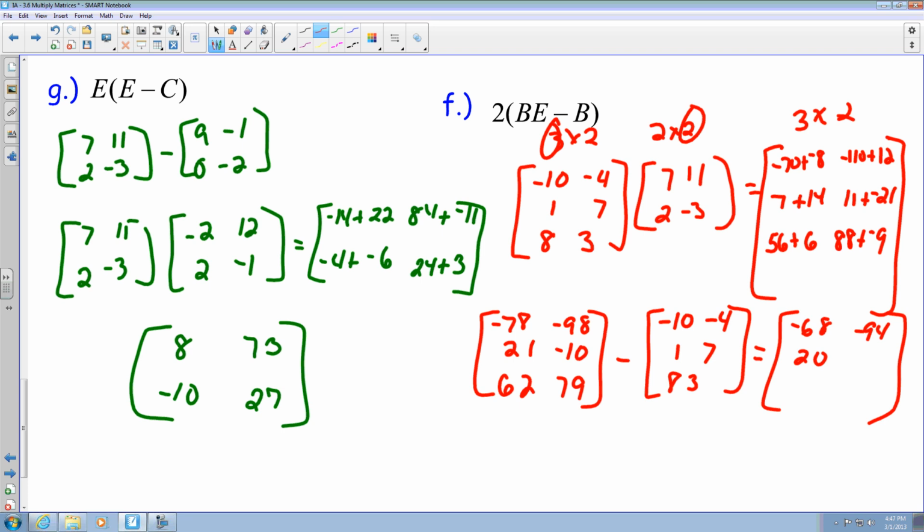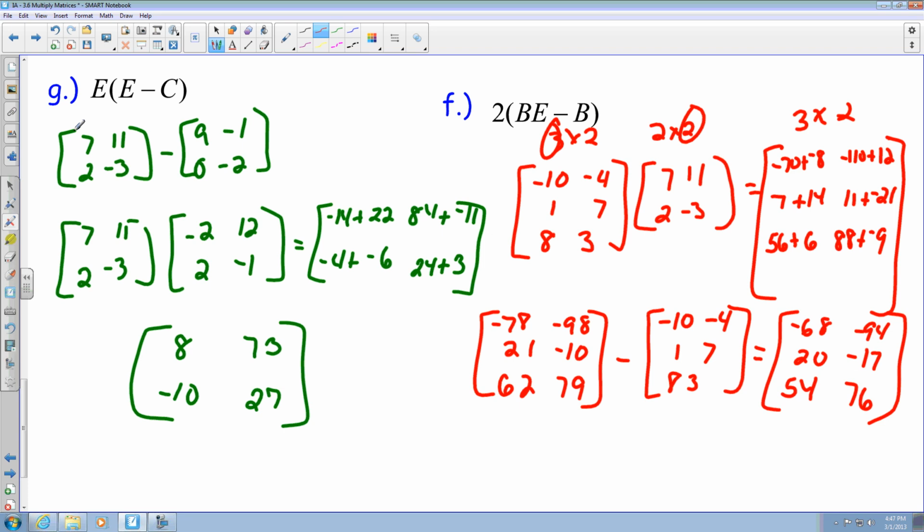Negative 10 minus 7 is negative 17. 62 minus 8 gives me a 54. And then 79 minus 3 gives me a 76.